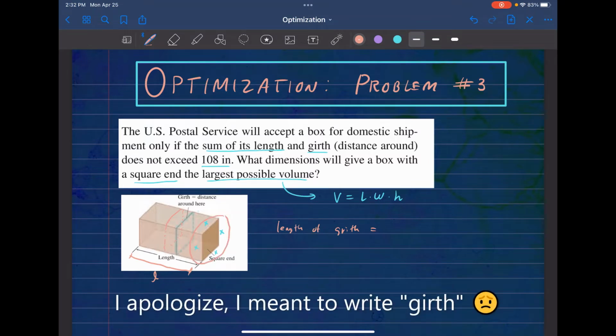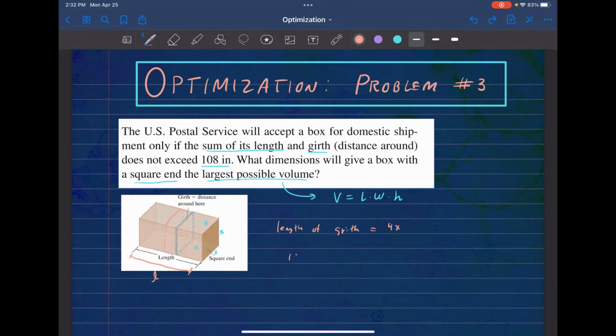As you can see there in the blue, girth is the distance around it, so I'm calling it x. So I have 4 sides, it's going to be 4x. So we know the length plus girth, which is L I'm using, cannot exceed 108. So we can say that 108 is equal to 4x plus this length right here. So that's one of the equations.